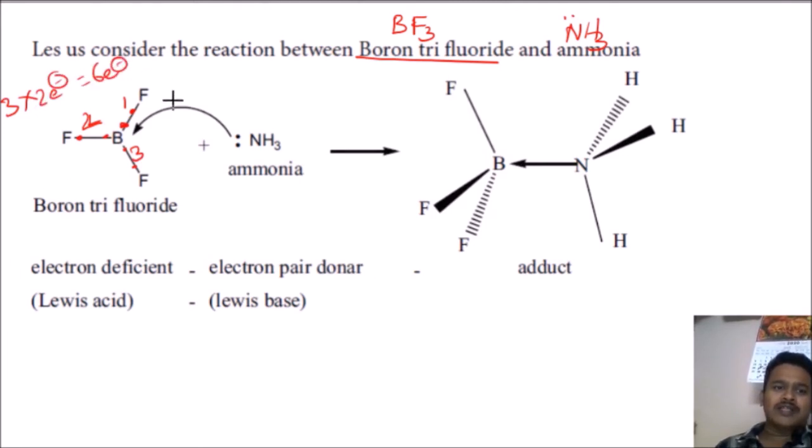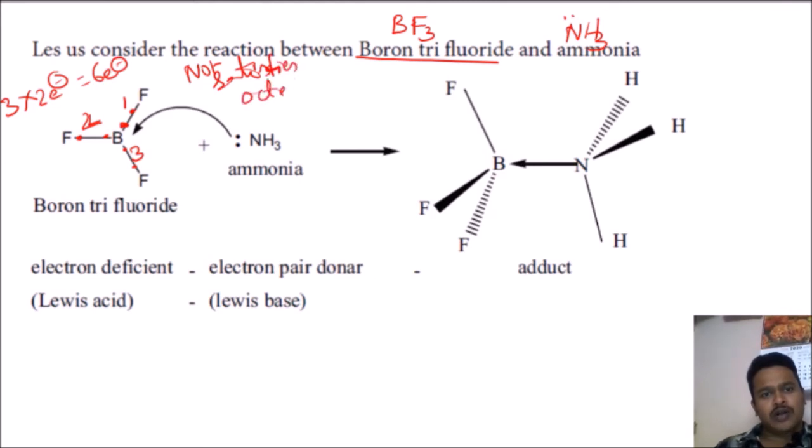It is not satisfied. Which rule? The octet rule. So anybody lacking electrons is ready to accept to get stability. Boron trifluoride is ready to accept.